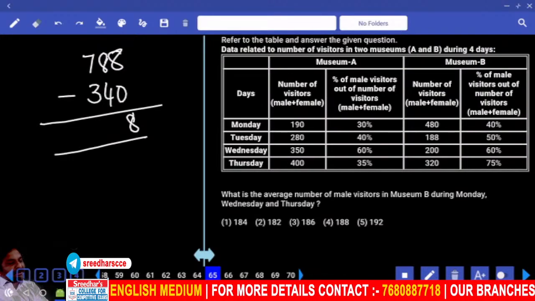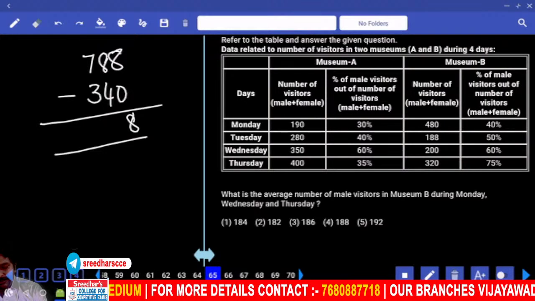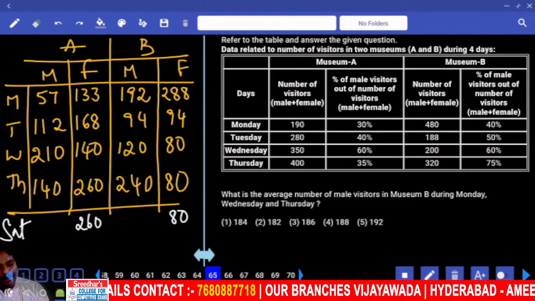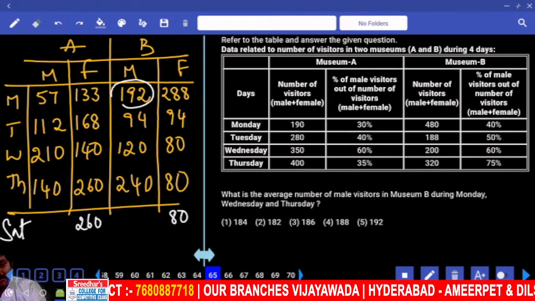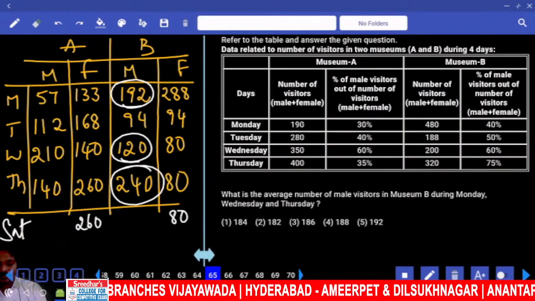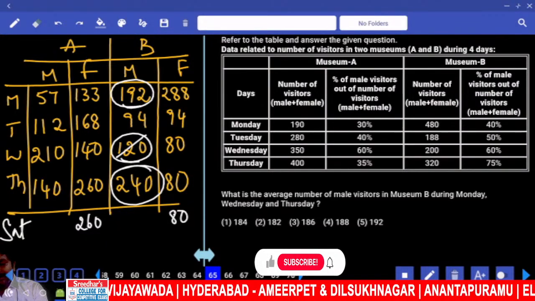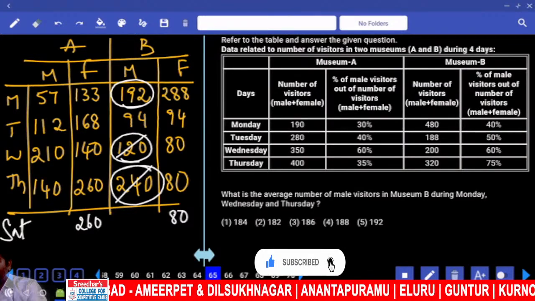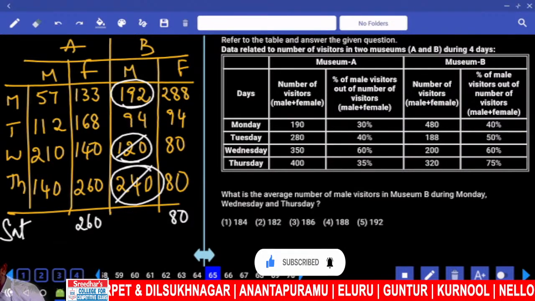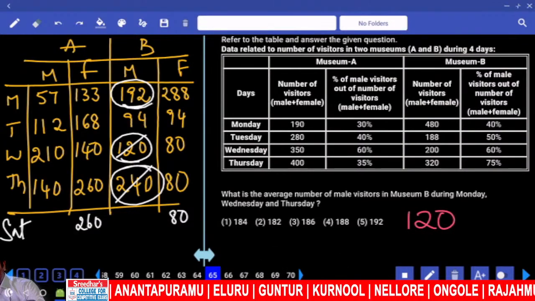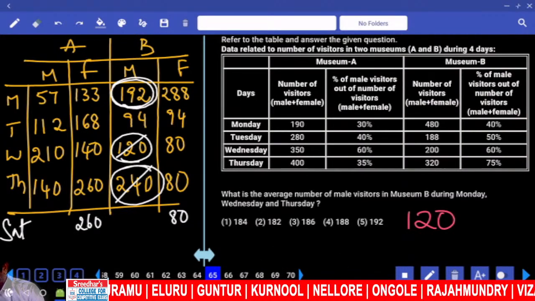What is average number of male visitors in museum B during Monday, Wednesday, Thursday? Male B, Monday, Wednesday, Thursday. 120, 240, 360. So far average is 120. Now 192 adjusted among 3.